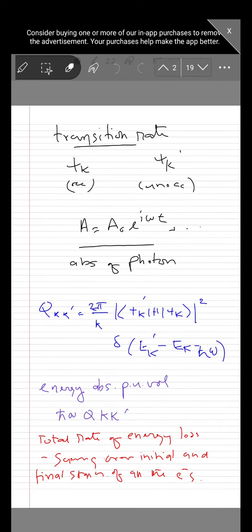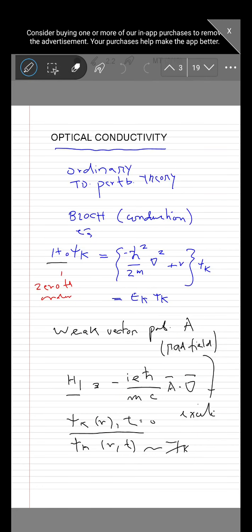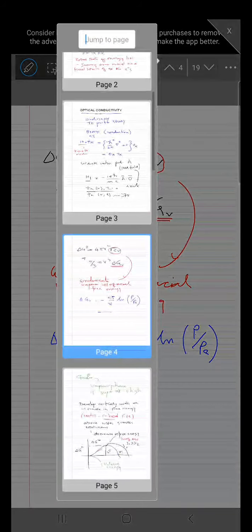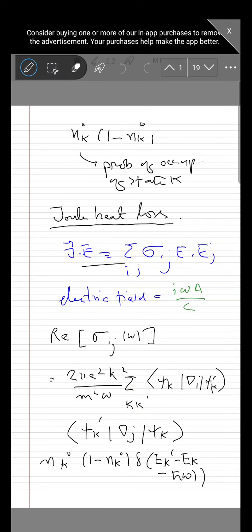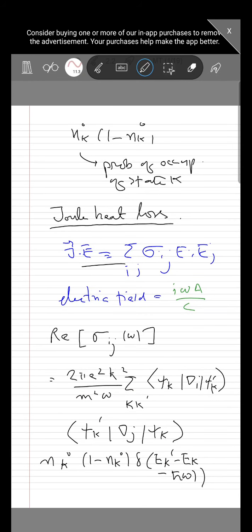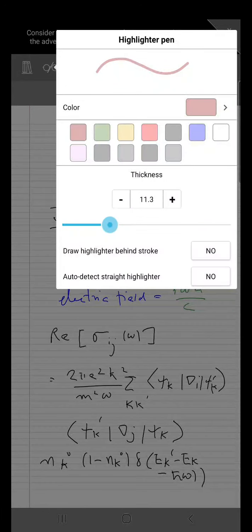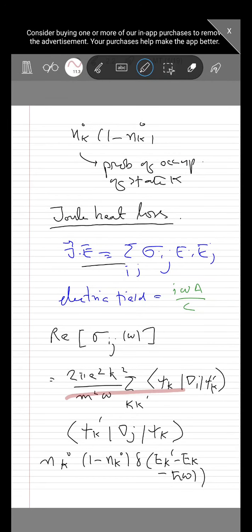This expression has been rewritten in a different form here, with this factor introduced, and the whole square has been replaced by one term corresponding to i and one corresponding to j.